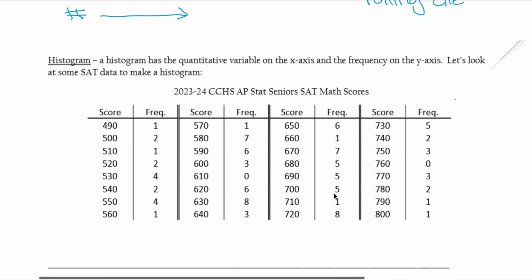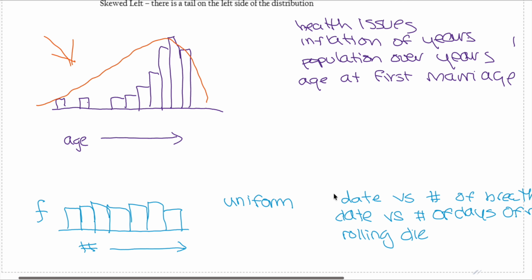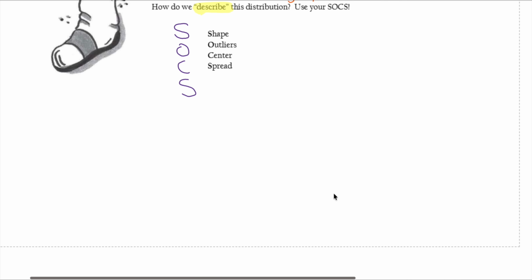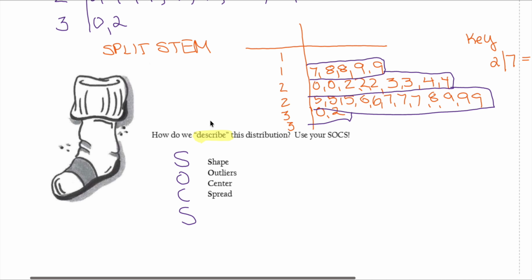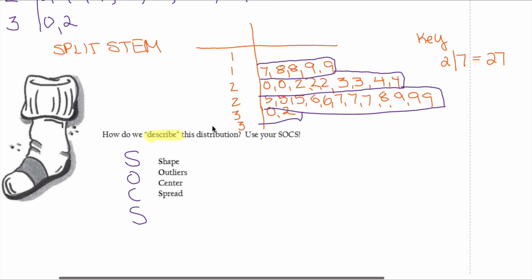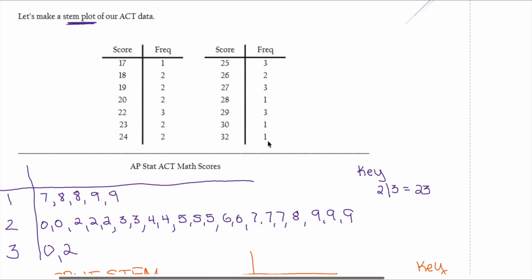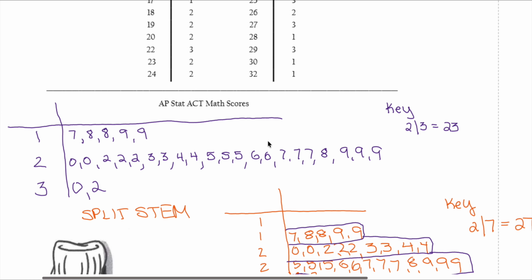In this video, I just want you to focus on the different shapes of distribution, and remember that when you're describing a distribution, you always have to mention these 4 components: shape, outlier, center, and spread. SOCS, remember it. And we also practiced drawing the stemplot.